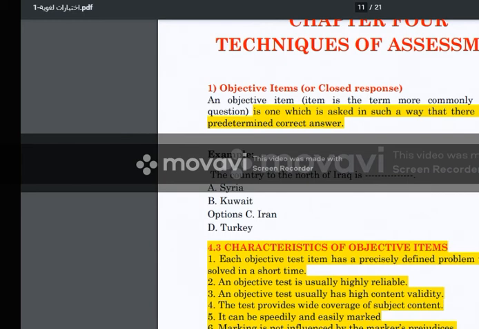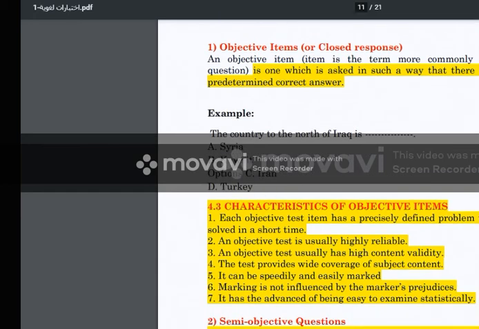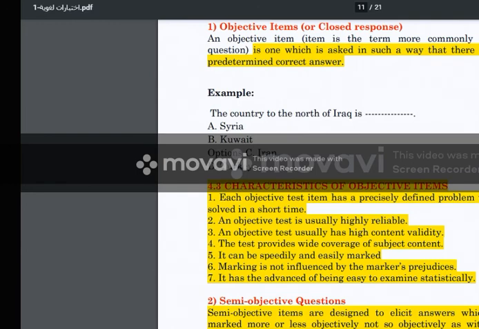Characteristics of the objective items are mentioned here, and I have explained them all. Each objective test item has a precisely defined problem that can be solved in a short time. So the item can be answered by the students by ticking, which demands short time from the students.